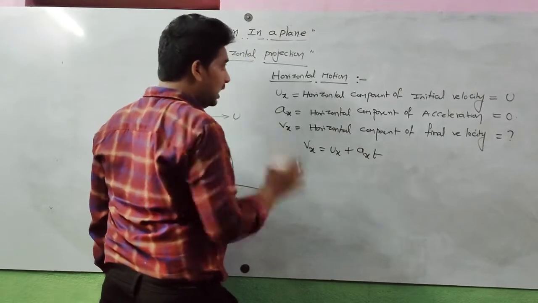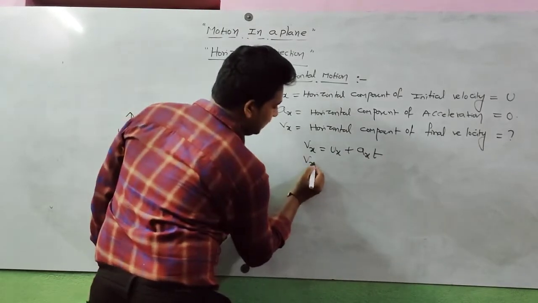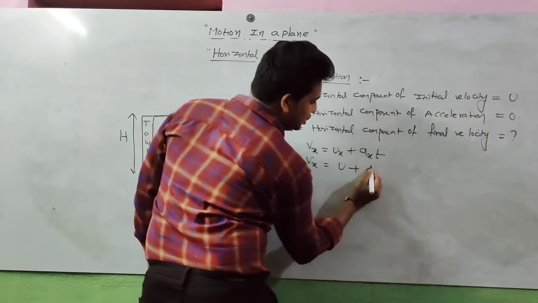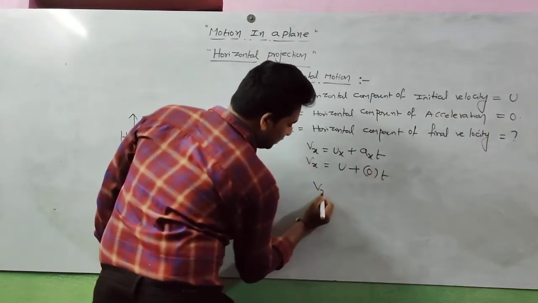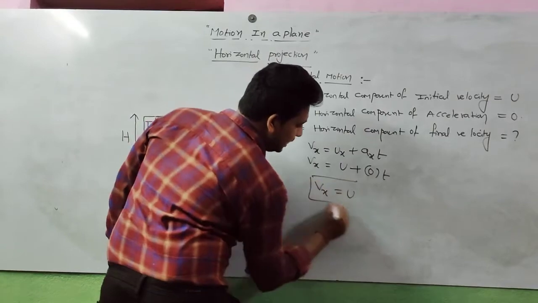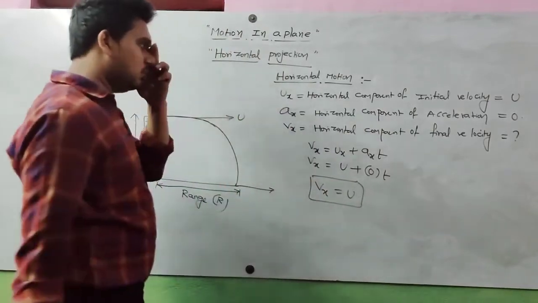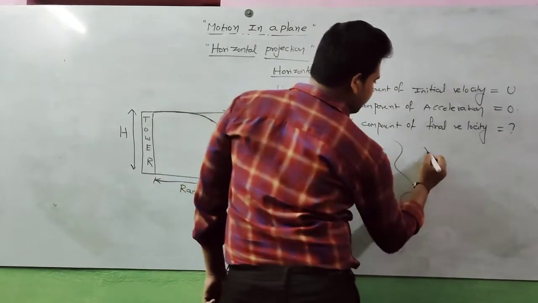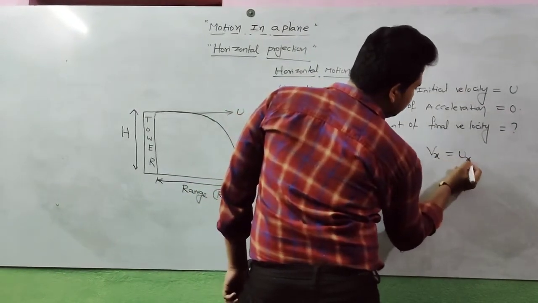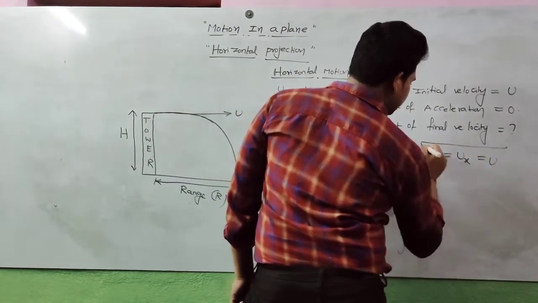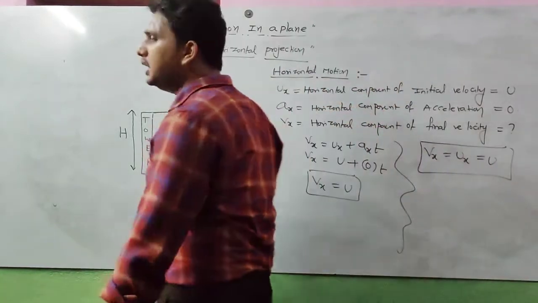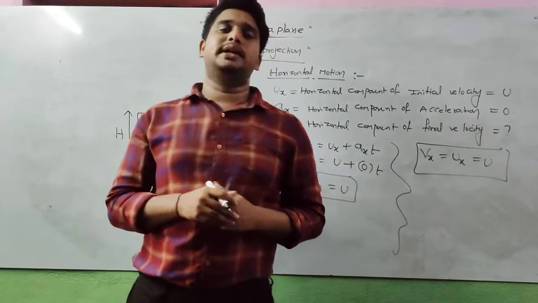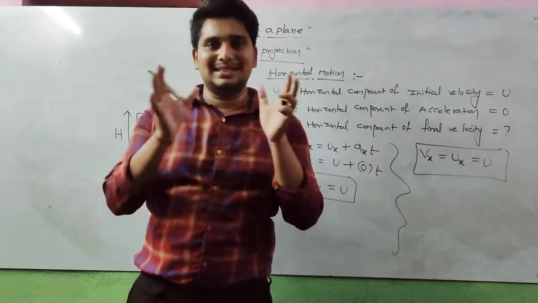Here ux means u, ax means 0, into t. Then we get vx is equal to u only. So the horizontal component of initial velocity and of final velocity are both the same.